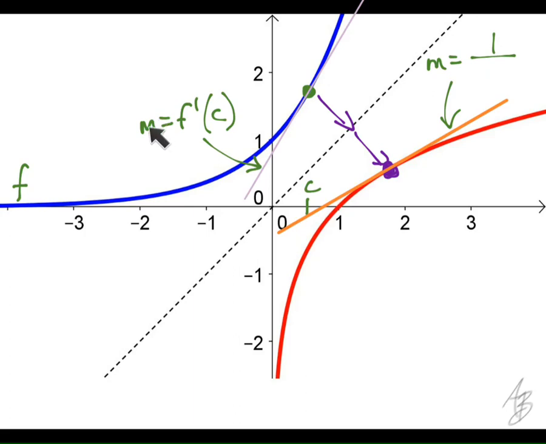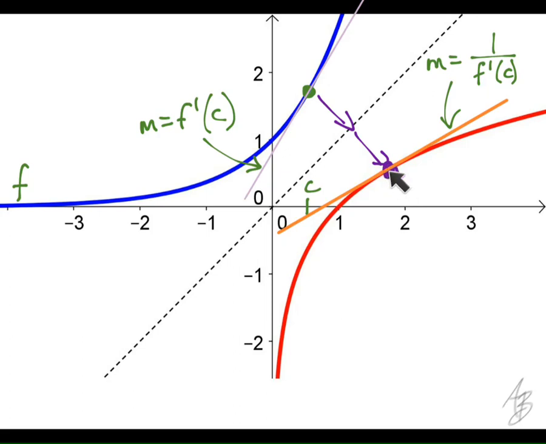Well, 1 over this m, which is... Okay, so the slope of that line is just going to be the inverse or the reciprocal of the slope of this line. Now, here's where it gets a little bit tricky.